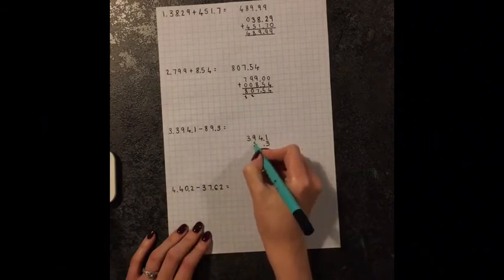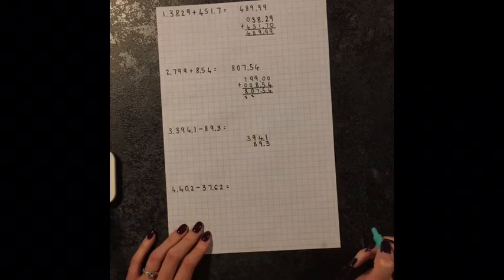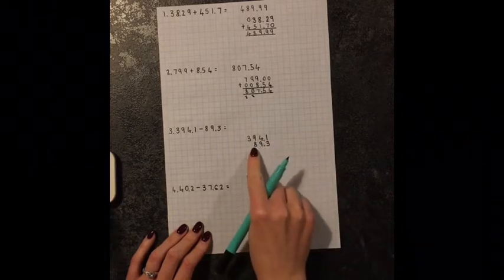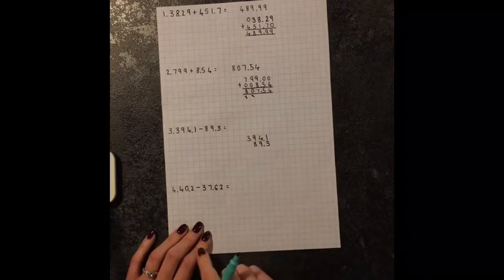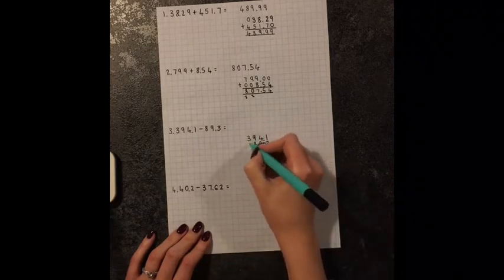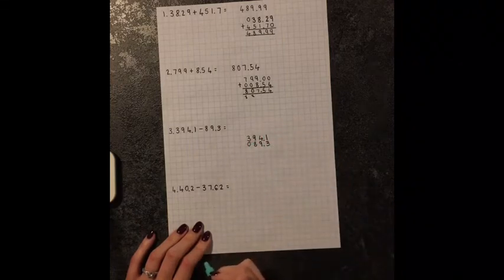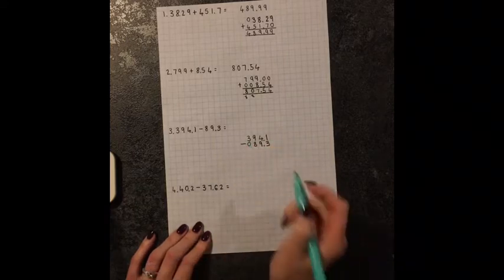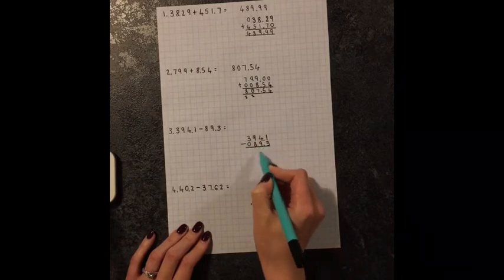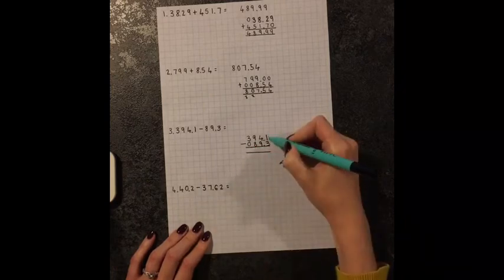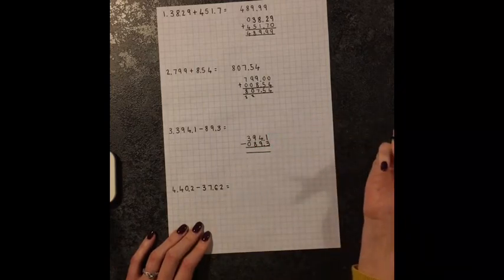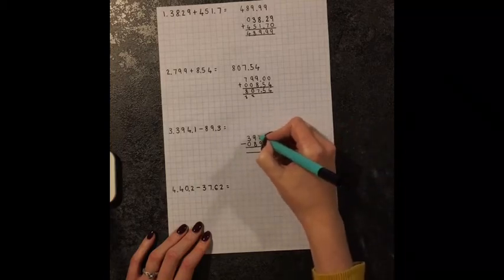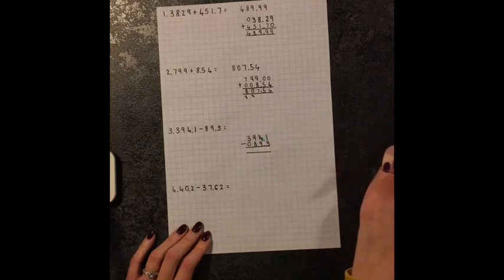I have 89. So I must make sure I align the 8 in the tens column and the 9 in the ones column. And I will put a 0 here to make sure both numbers have the same amount of digits. I am subtracting this time. For my equal sign. 1 minus 3 we cannot do, so I must steal from the column next door.